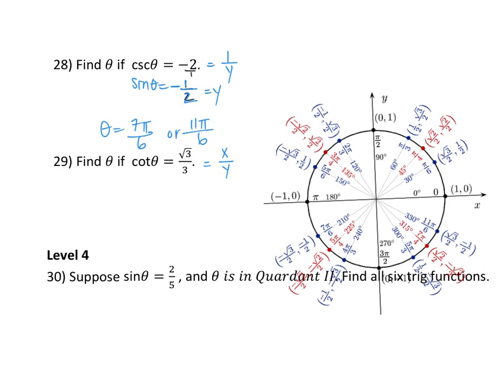Now thinking about it, I want the top to have the root 3. And just thinking about how that could happen, maybe if I chose pi over 3, I'm just choosing something from the first quadrant to keep it easy. So pi over 3 has an x value of 1/2 and a y value of root 3 over 2.